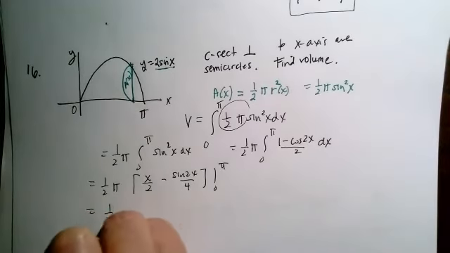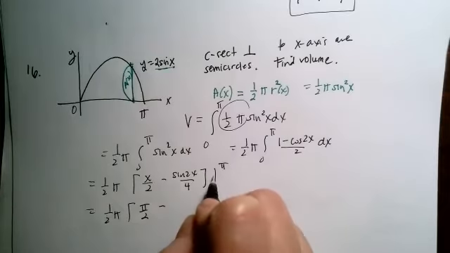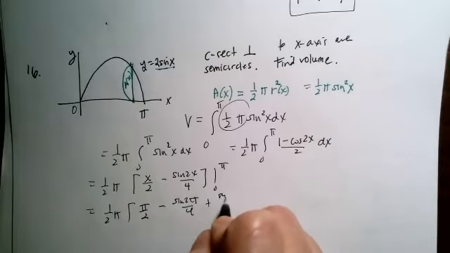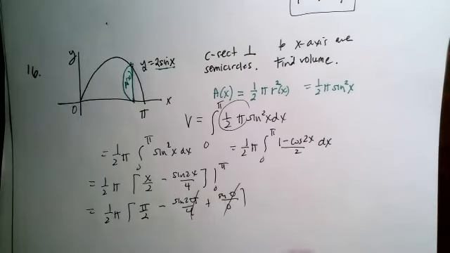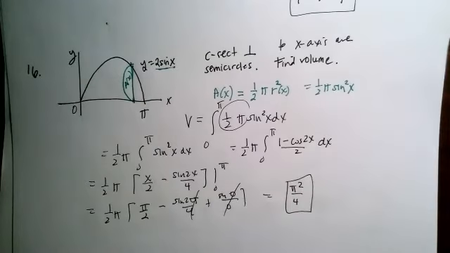So that's going to be 1/2 pi times pi over 2 minus sine 2 pi over 4 plus sine 0 over 4. These are both 0. So this is going to give us pi squared over 4.